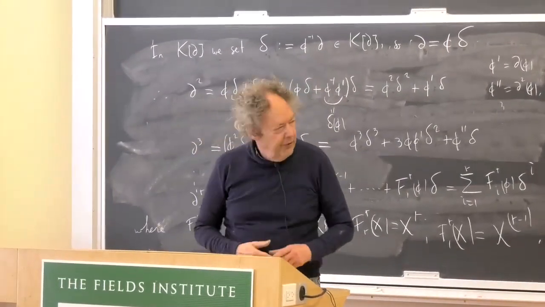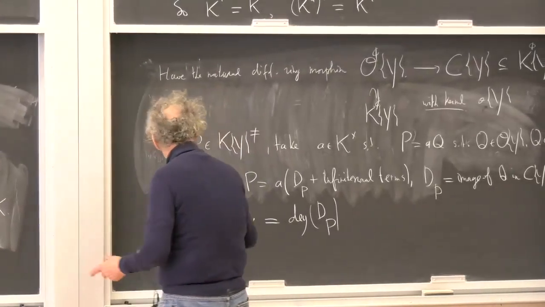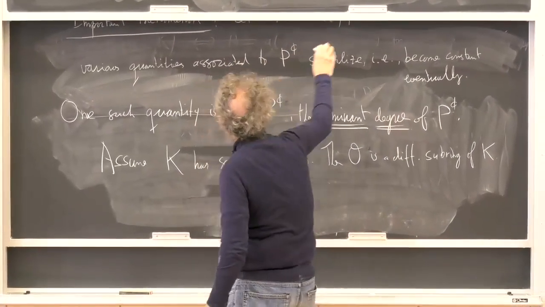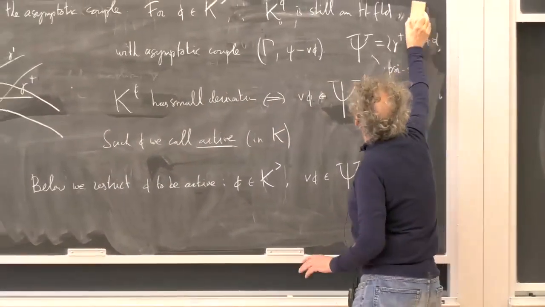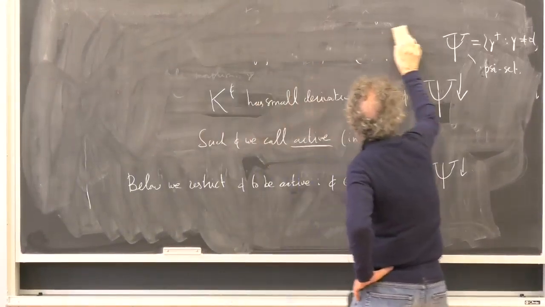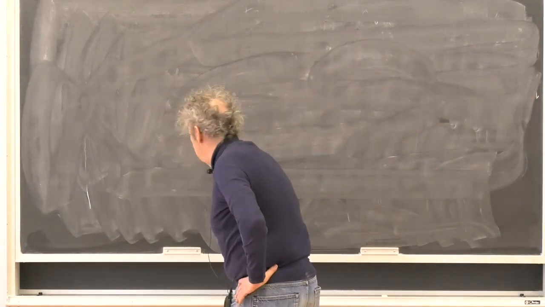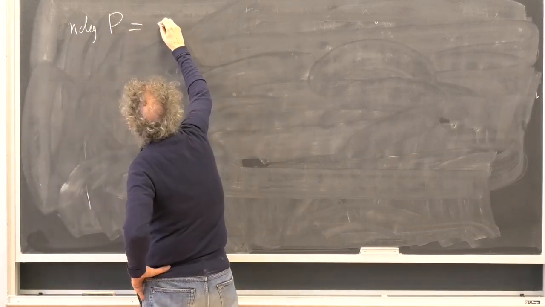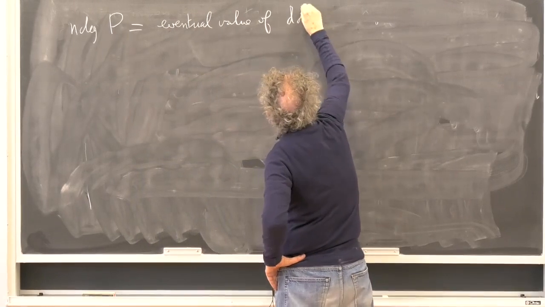Okay, and this now allows me to define the Newton degree of P as the eventual value of the dominant degree of P phi.